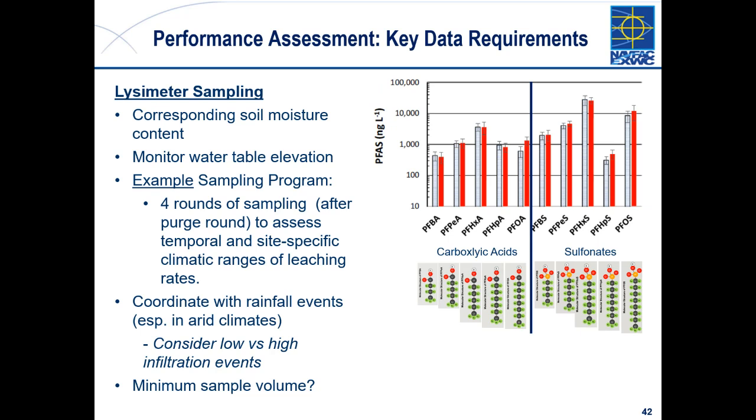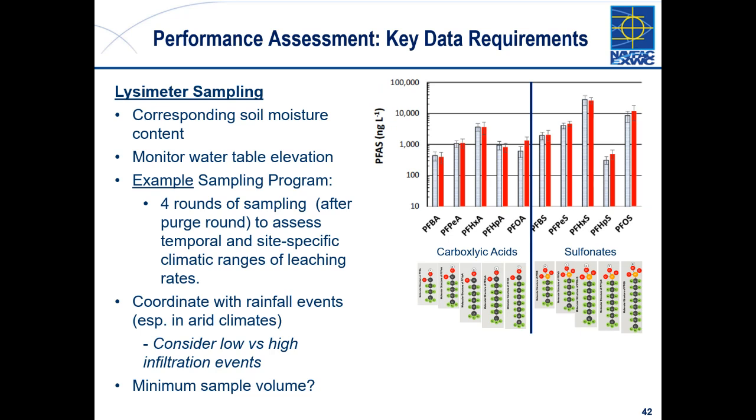We like to generally sample our lysimeters during or shortly after a rain event that not only captures a high recharge, but also gives us a better chance of actually getting pore water. We do like to monitor the water table elevation when we have lysimeters out in the field.